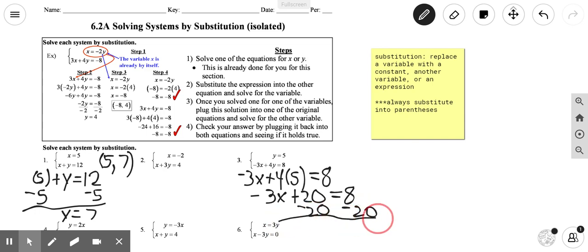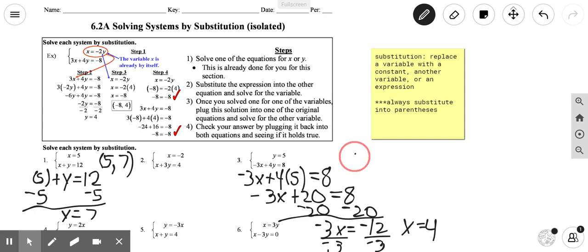And we're left with negative 3x equals negative 12. Divide by negative 3. And we get that x equals 4.